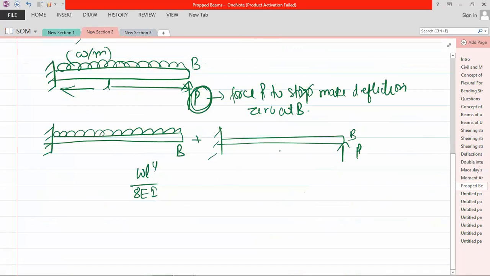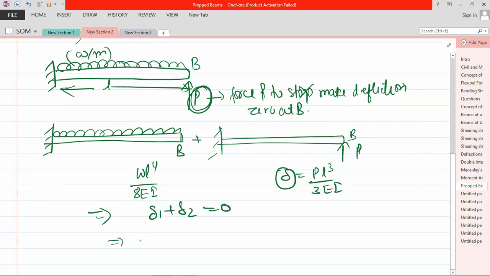And now when the P support is acting, what is the deflection? Deflection is PL cube by 3 EI. Since the deflection at B because of this UDL and at B because of the P should sum to 0, that means delta 1 plus delta 2 should be equal to 0.